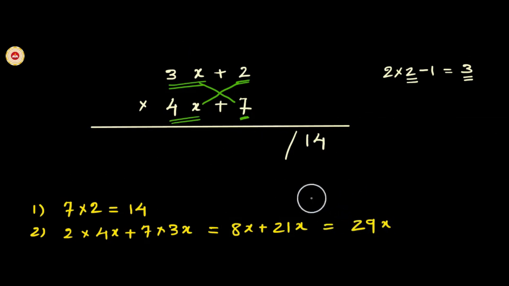So write 29x in the second part from the right side. Let me draw a slash to separate.